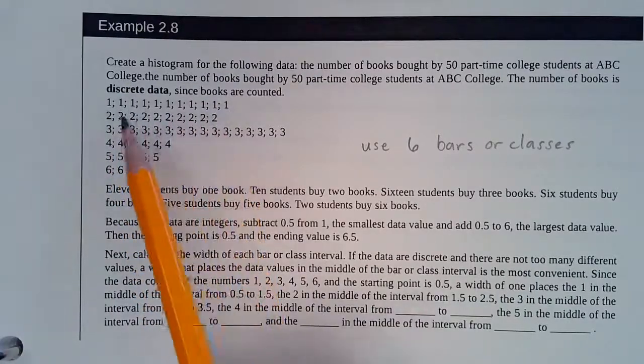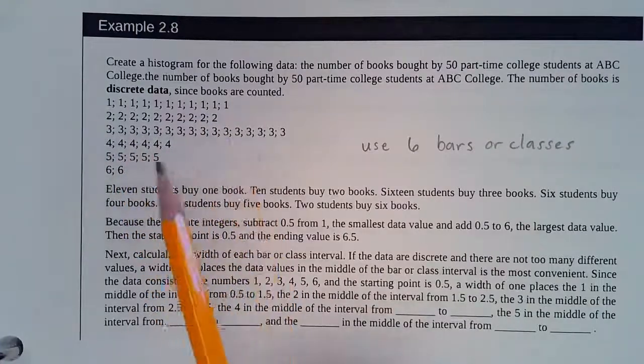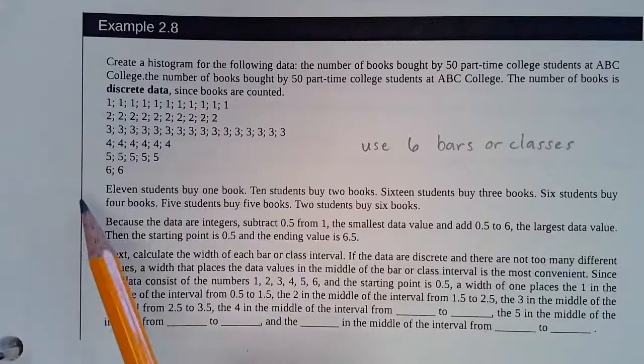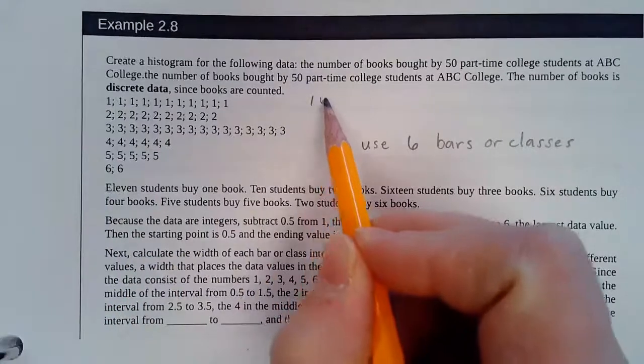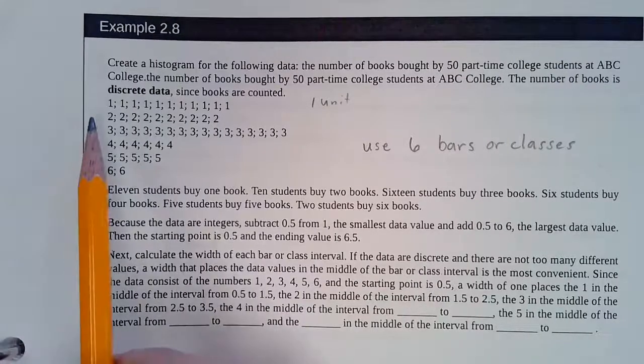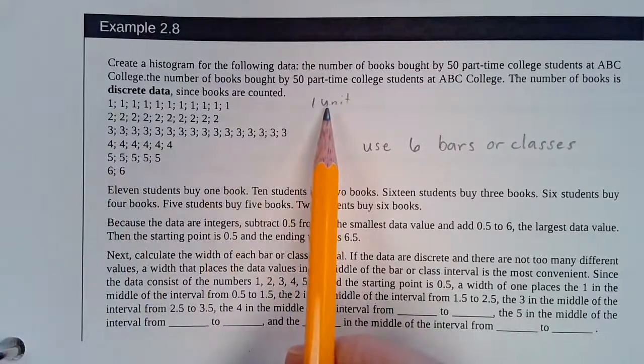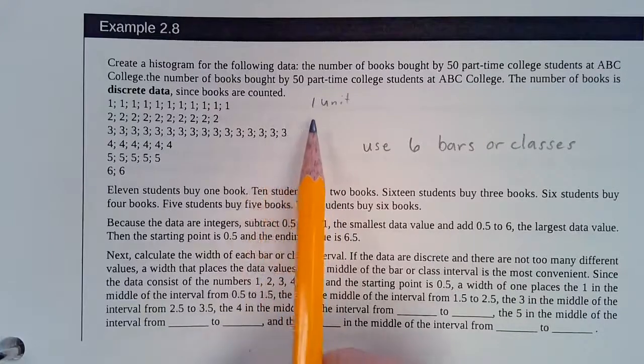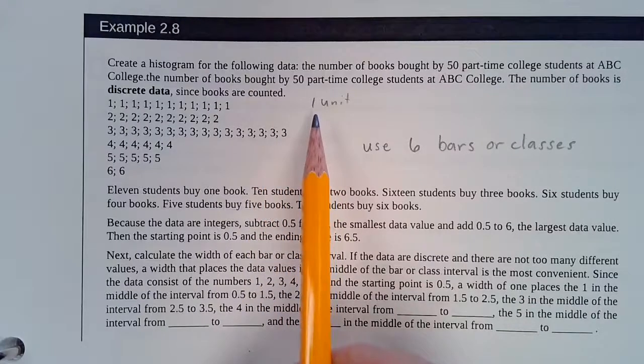And it looks like all of these are at least 1 unit away from the next. So we've got that 1 unit, and we're going to cut that in half. That means that we're going to go one half of this unit to the left for our starting value, and 1/2 of that same unit to the right for our ending value.